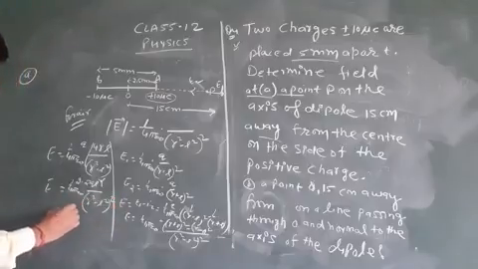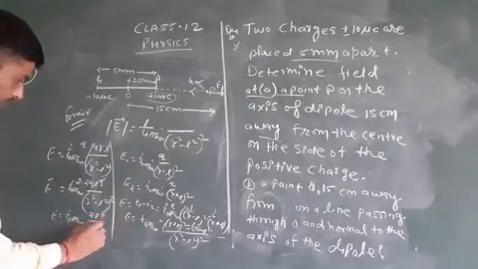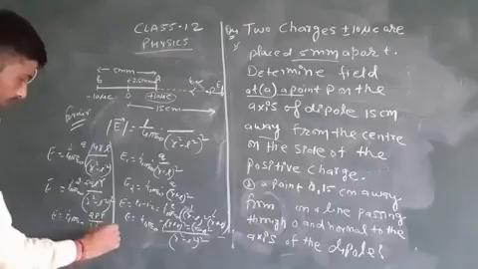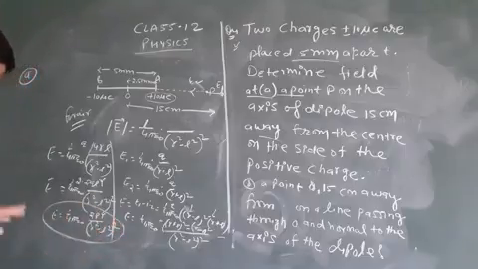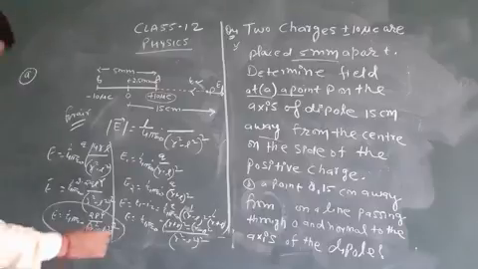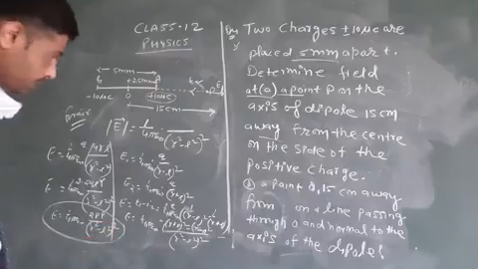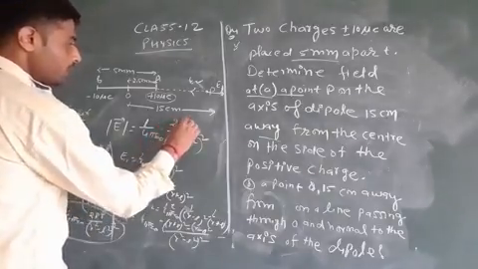It means you can write 1 upon 4 pi epsilon naught 2PR upon (R square minus L square) whole square.